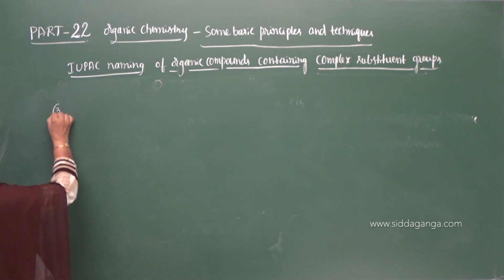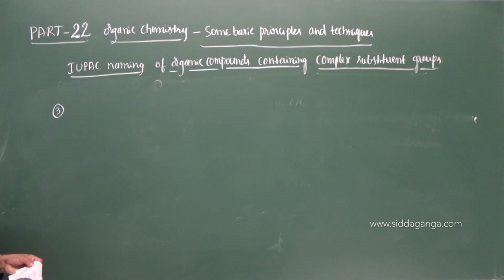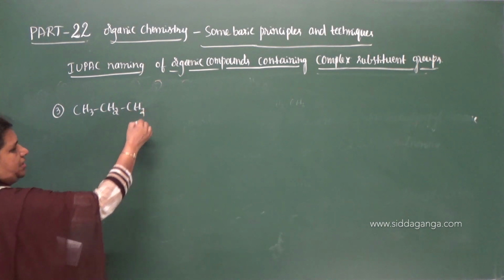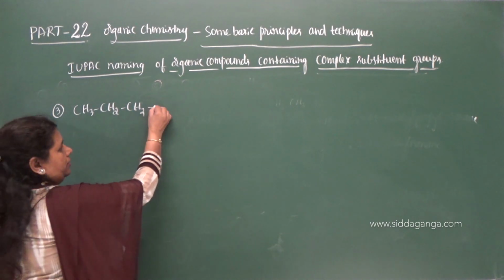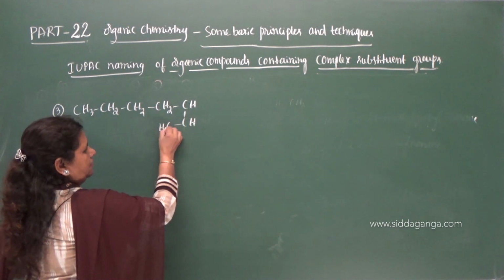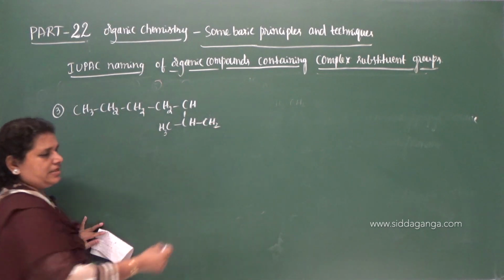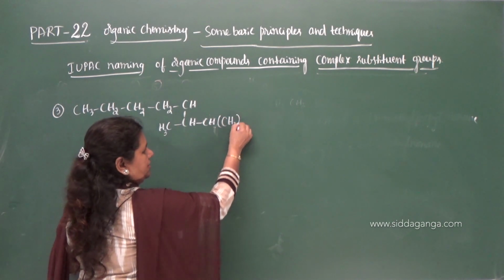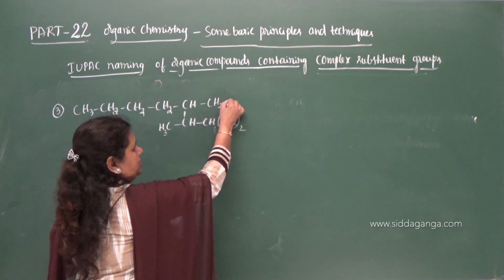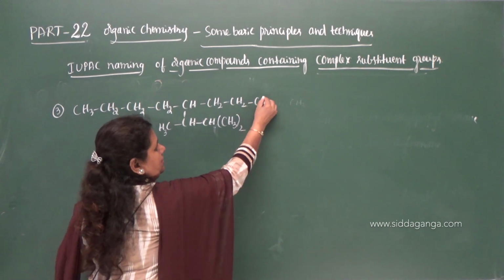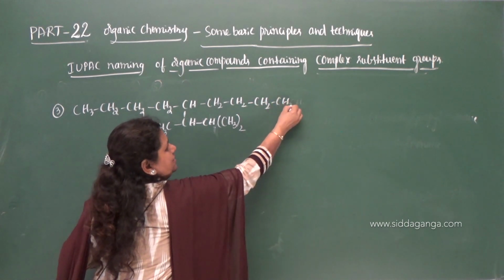Take down the third example. CH3, CH2, CH2, CH2, CH, CH3, CH2, sorry, CH, CH3 taken twice, CH2, CH2, CH2, CH3.